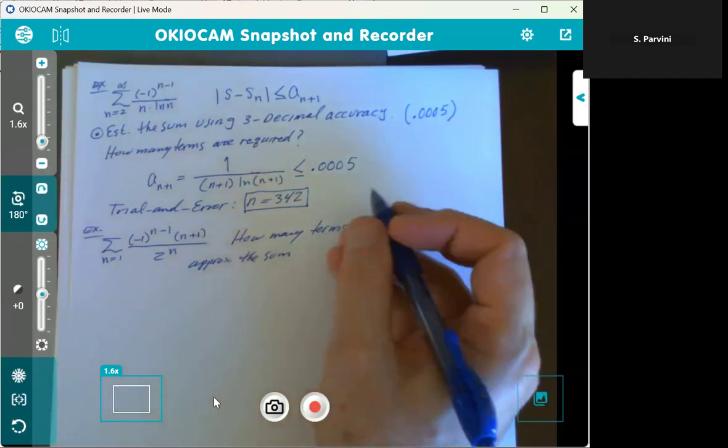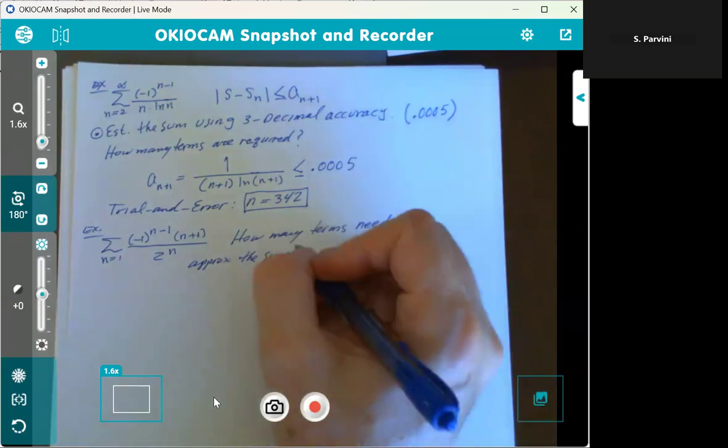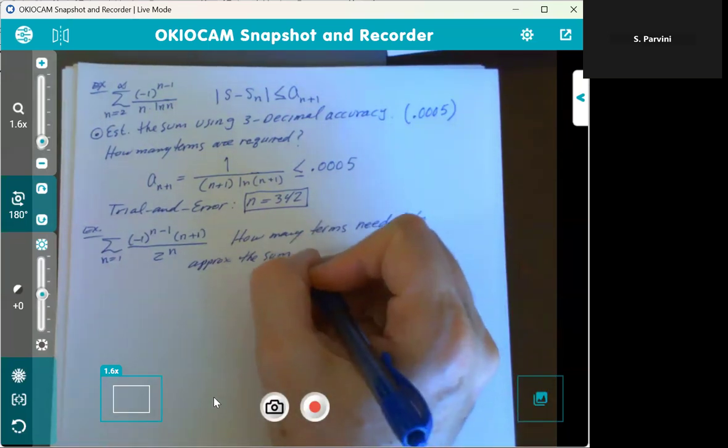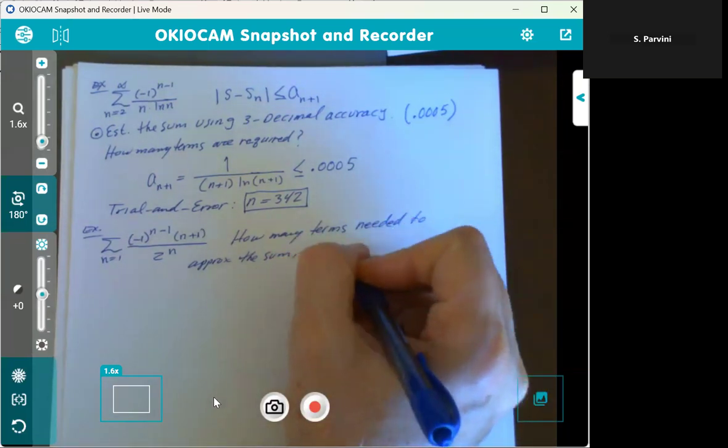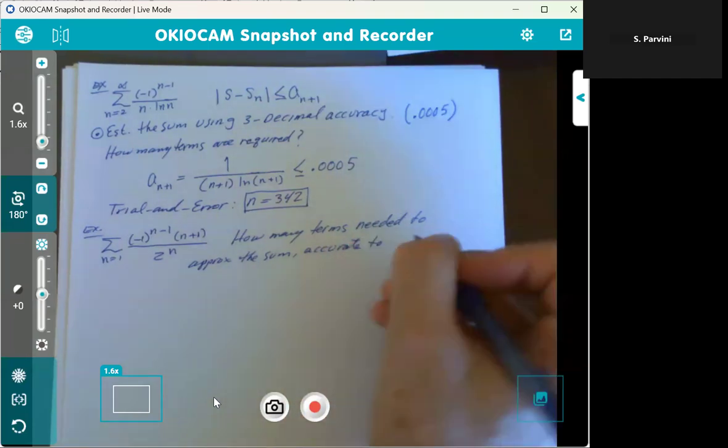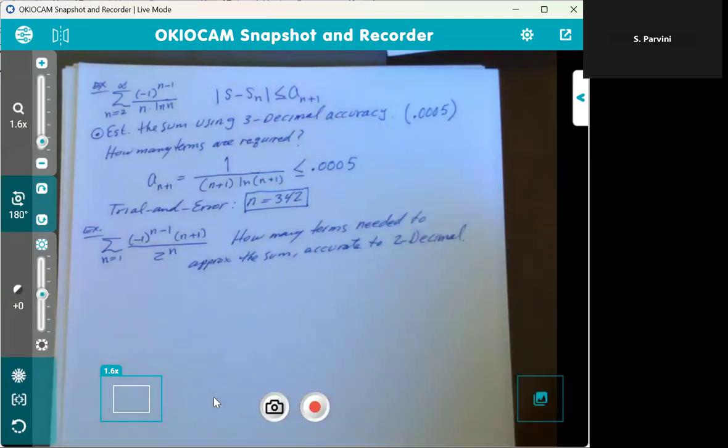Let's say with this one, 2 decimal accuracy, the sum accurate to 2 decimals. So we don't need so many terms in this one.